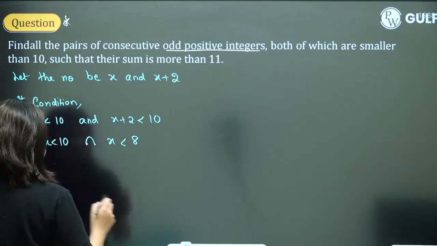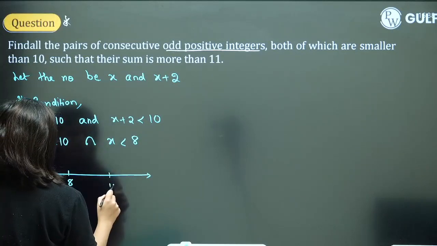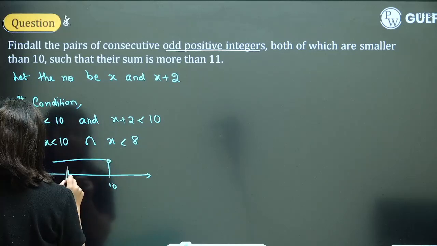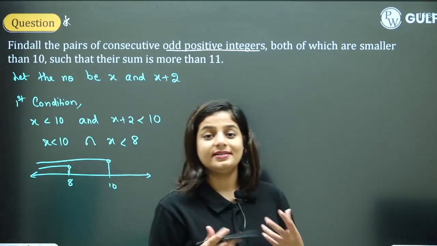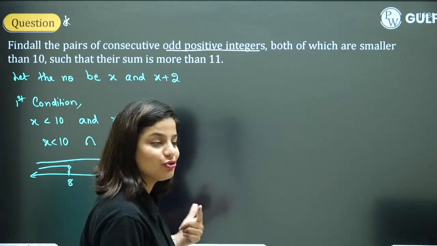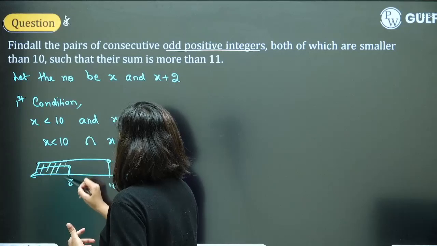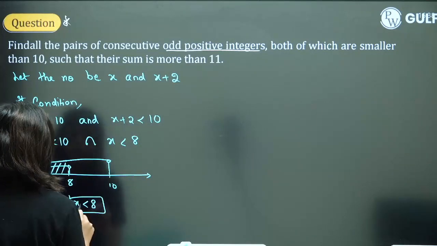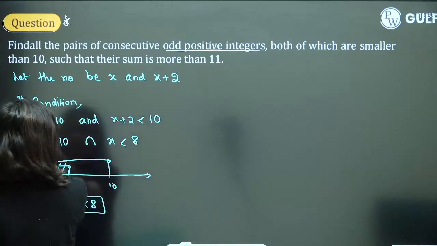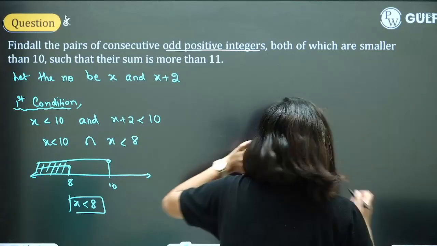My dear children, on a number line, there is 8, there is 10. One says less than 10, the other says less than 8. Where are the two lines parallel? The two solutions are parallel. Can you see here? So this is the solution. And finally we get x is less than 8. From the first condition we get x is less than 8.